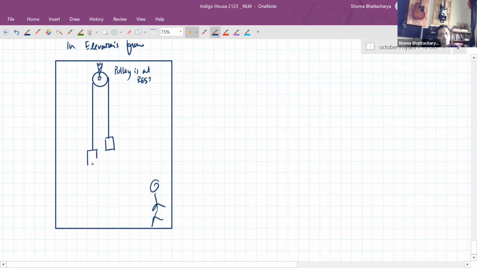So with respect to the pulley, they should move by the same distances. You're understanding the point now? This acceleration and this acceleration will be same because the pulley is at rest. Okay. So here A is with respect to the elevator's frame. And that frame itself is doing what? It is accelerating downwards at a0. Okay.